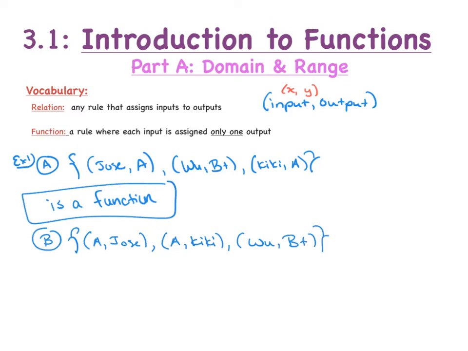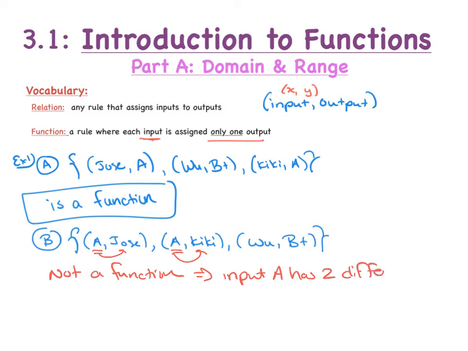So I've changed my relation a little bit where I still have a rule that is assigning inputs to outputs, but in this case, this is not a function because I have an input that has more than one output. The input of the grade A has two different outputs. This is not a function because the input A has two different outputs.